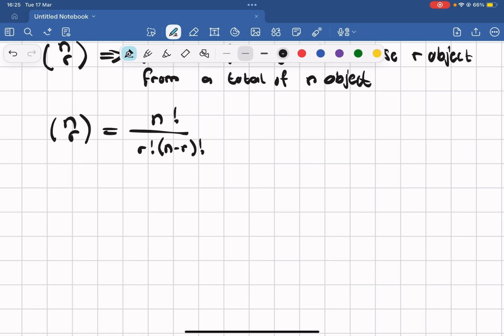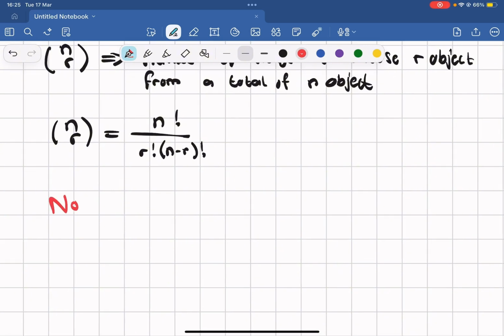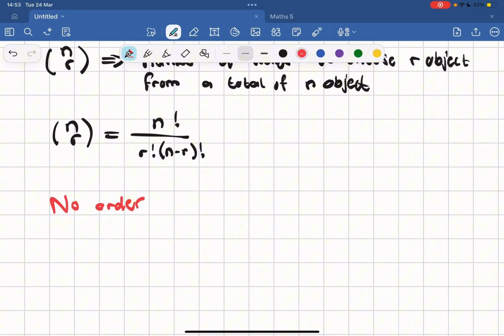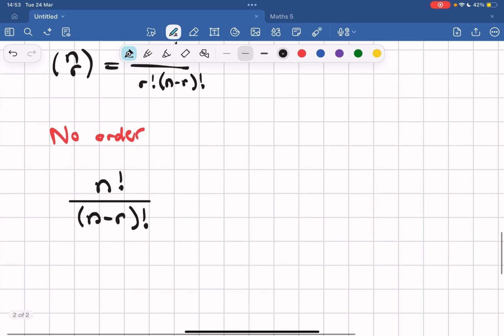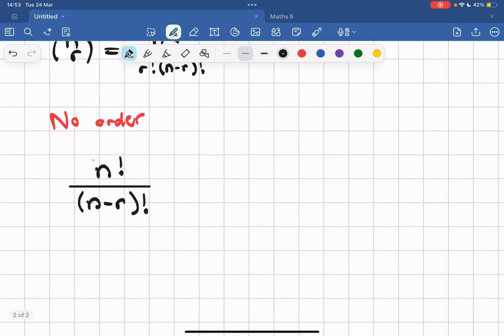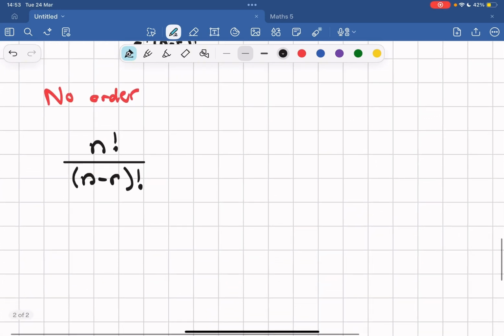So the number of ways to choose r objects from n would be n factorial divided by n minus r factorial. The reason this works is because we start with n factorial arrangements, but we divide by n minus r factorial to ignore the leftover objects that we didn't choose.